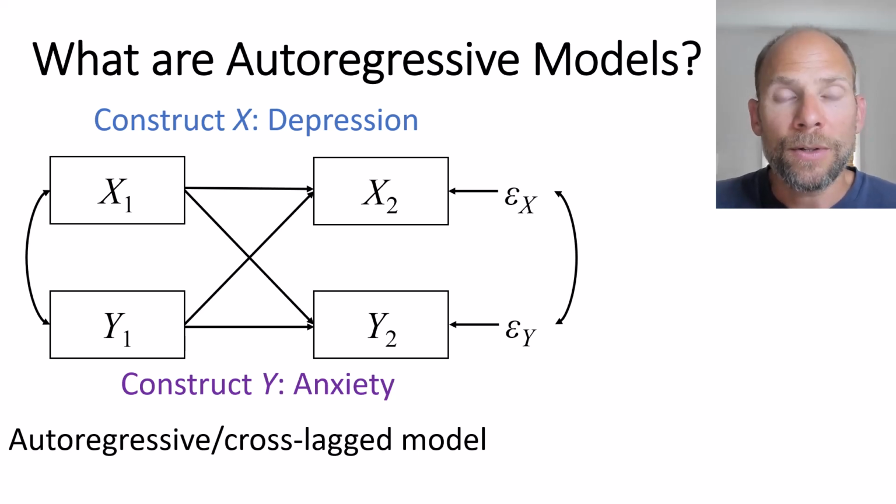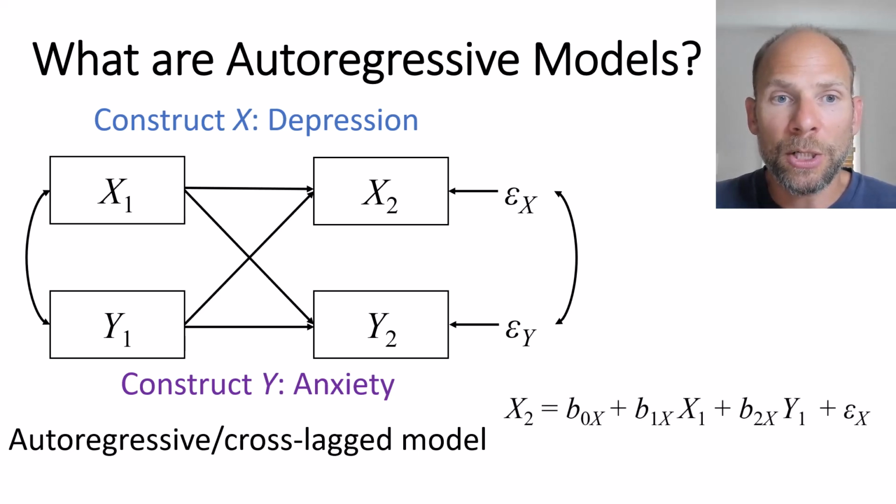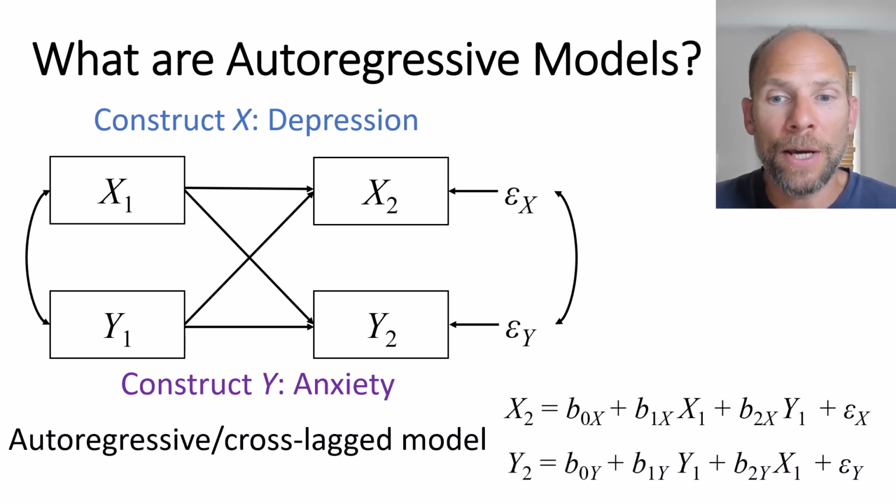This model consists of 2 regression or structural equations, one for x, where x2 is regressed on x1 and y1, and one equation for y2, where y2 is regressed on itself, so on y1 and also on x1. And so this is then a set of 2 multiple regression equations with 2 predictor variables each.